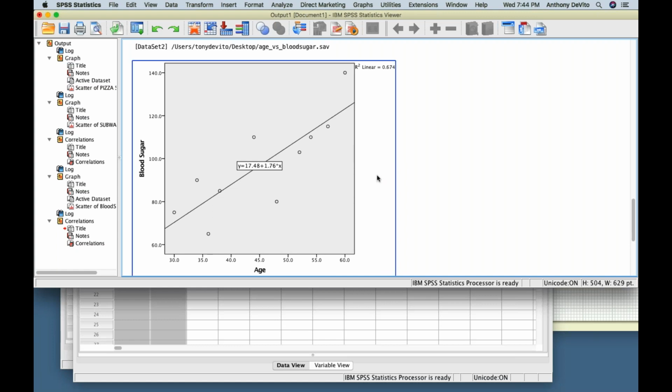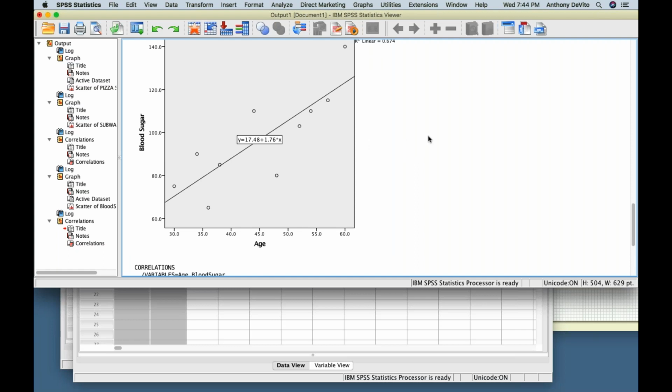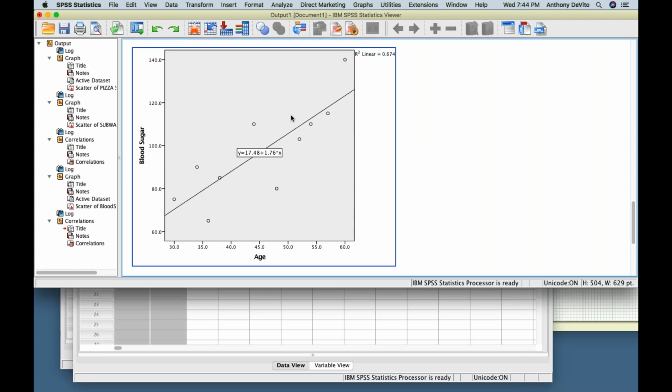So there's a lot to hiring a technician that knows how to take blood samples. And then the occasional patient that faints when he takes the blood sample, and he has to deal with them too. So it'd be really nice if we could ask a person's age and predict what his blood sugar would be just from his age.